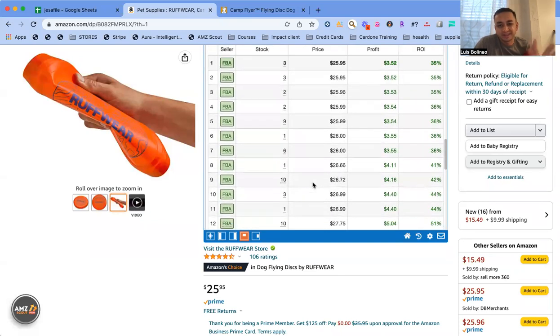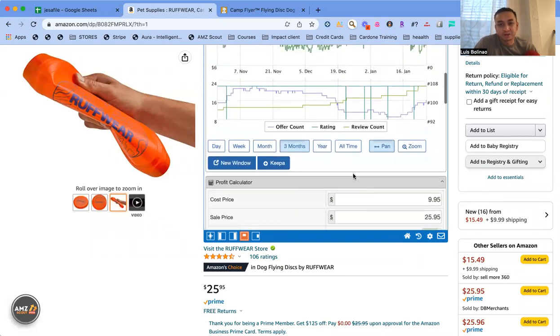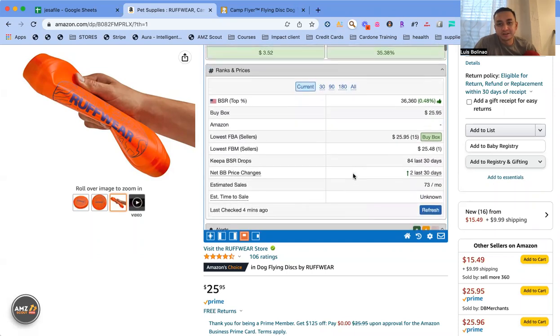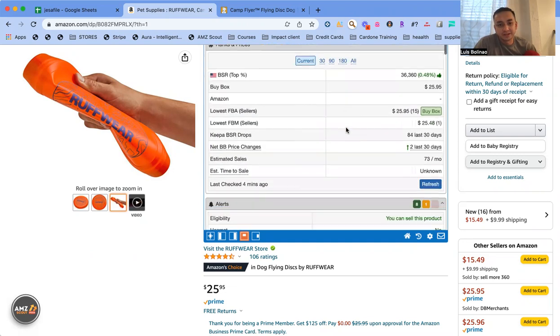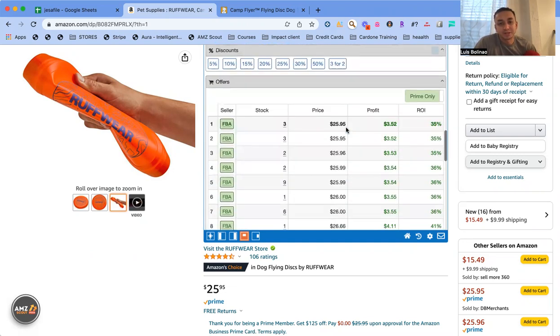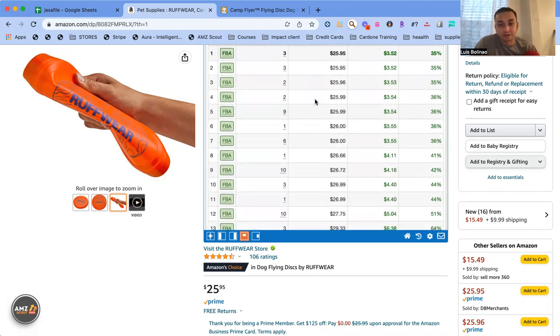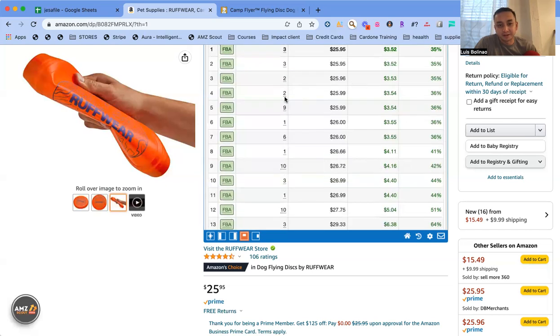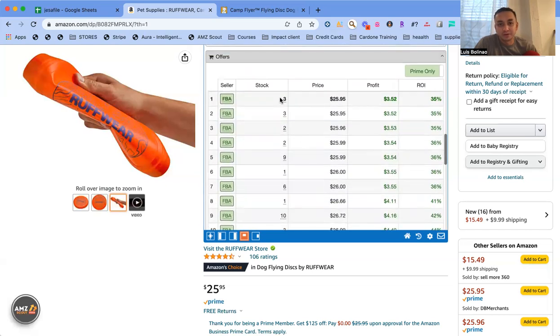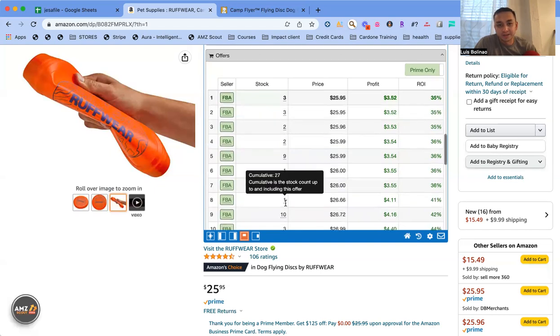About 73 sales are shared with other variations, and this one has about 3 other variations. Basically this product is selling about 73 times in a month, and you're gonna be sharing sales with all those people. So you have to decide: do you want to share sales with this many people and this much inventory?